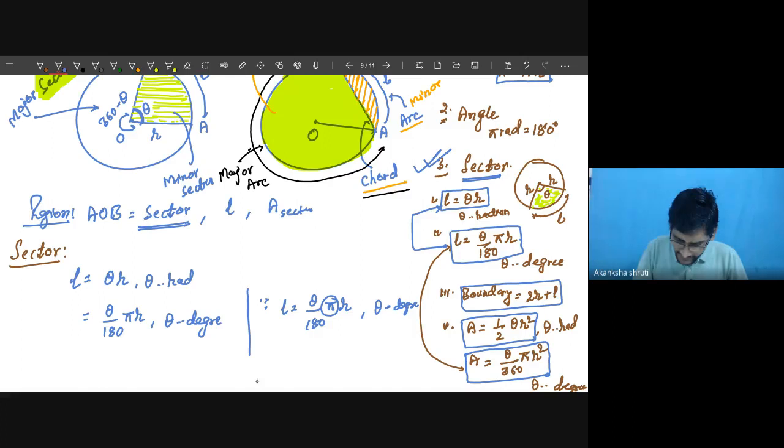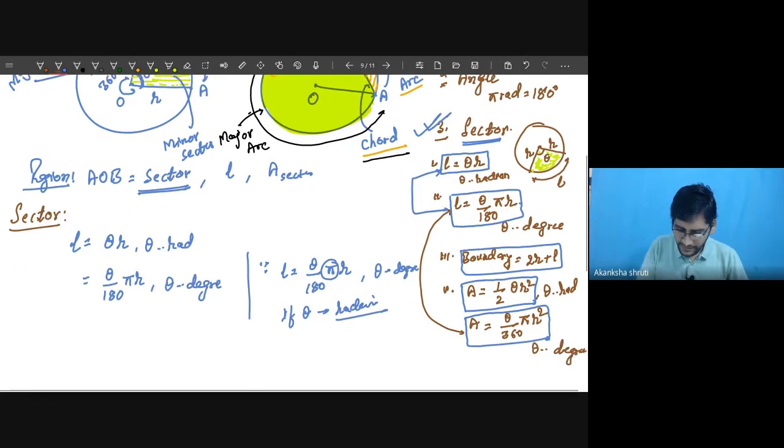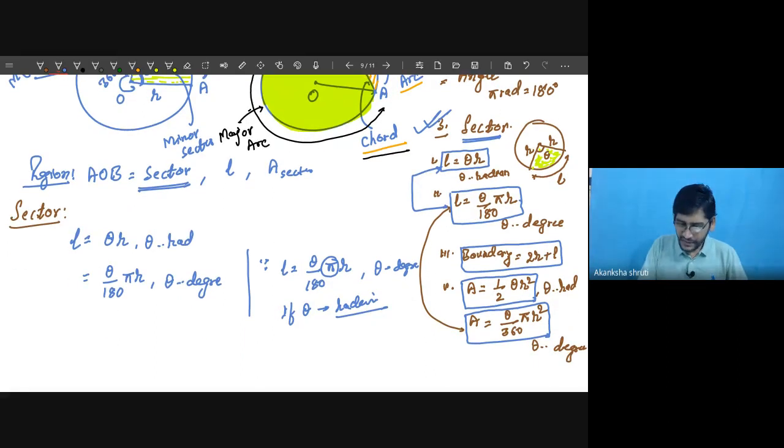So if this theta is converted into radian, it means the degree term in numerator and denominator should get cancelled. It's so simple. It means in the L formula, in place of pi, either we can substitute 180 degree, or in place of 180 we can substitute pi.